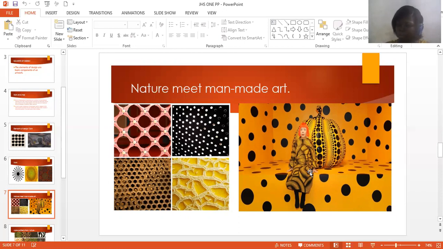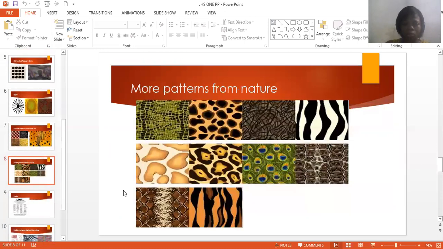So it's all about dots for her. She is inspired by dots and she uses them to create her artwork. And you'll be amazed how beautiful her works are. I told you her name is Yayoi Kusama.